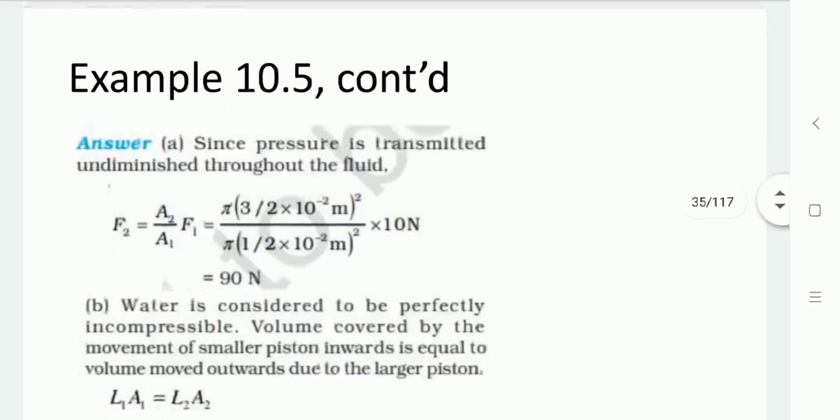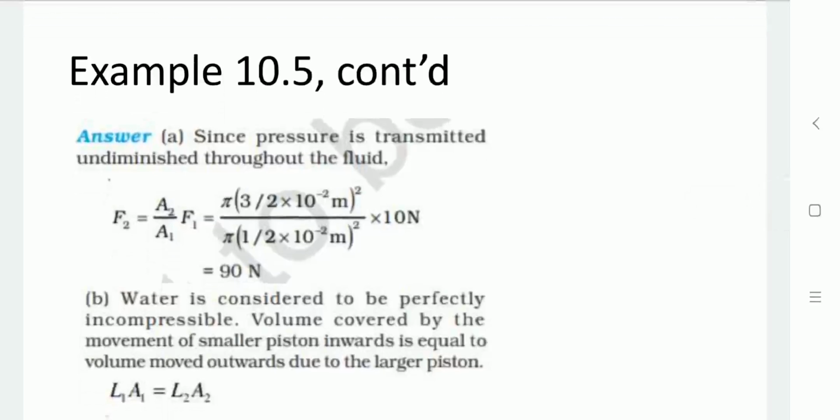So here the pressure is transmitted through the fluid undiminished, and that's why the equation we have is F2 equals P A2, and P is the pressure generated by the applied force on the first piston, that would be F1 by A1, and the resultant equation we have is F2 equal to A2 by A1 into F1.